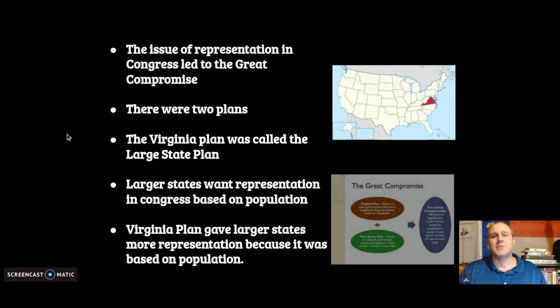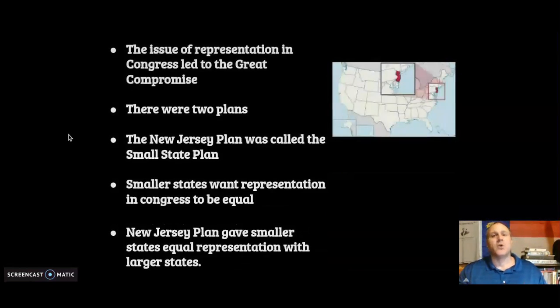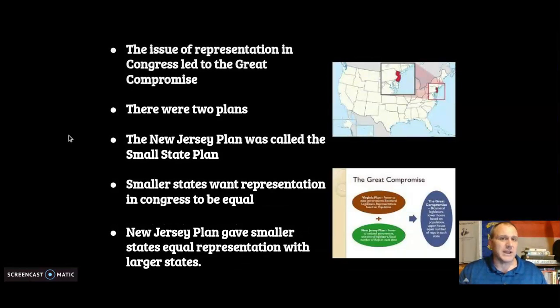Because then the next plan you have is what we call the New Jersey plan. The representation idea behind New Jersey, because they're a smaller state, is that our New Jersey plan, or small state plan, says that we should have equal representation in Congress. Doesn't it make sense?